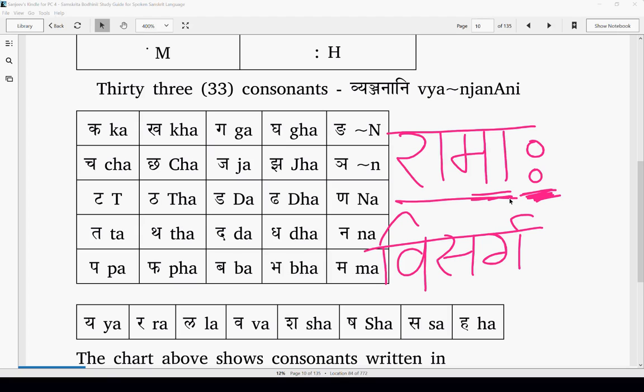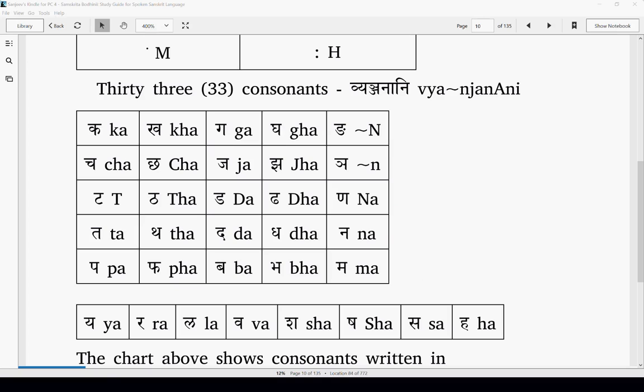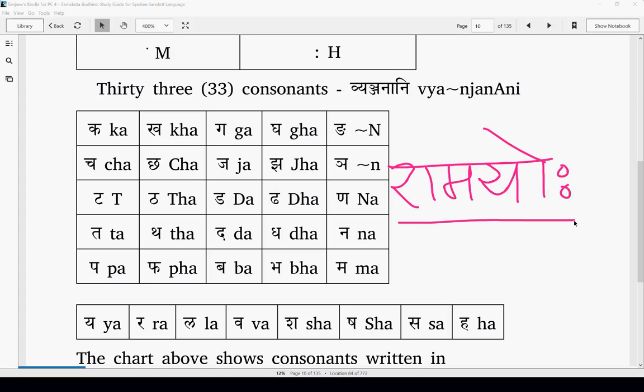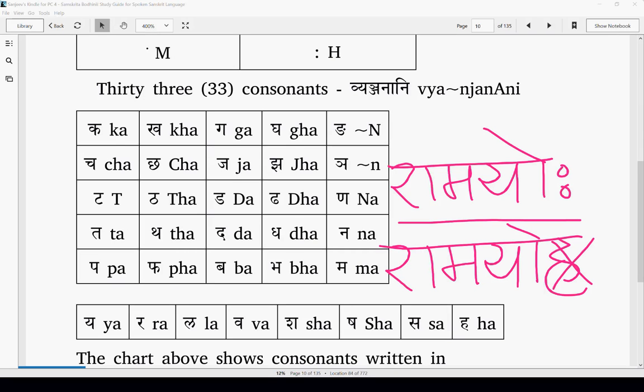Another example, Rama, yo, and this is visarga. It should be pronounced as Ramayoho, not Ramayoha.